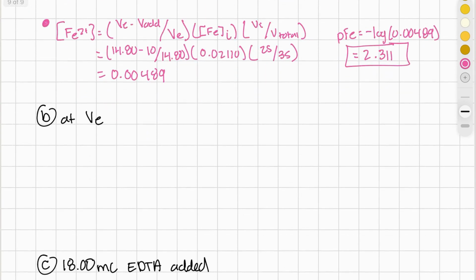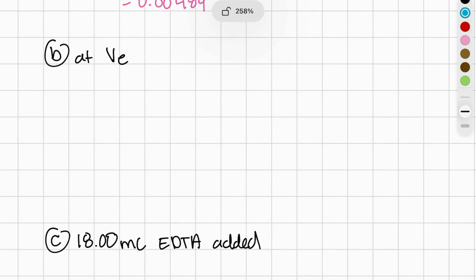The next point is at VE, so that means we have added 14.80 milliliters of EDTA. And so what we're going to want to do here is use that equilibrium expression, and that typically looks like a Ka or Kb equals x squared over F minus x. Now it's going to look slightly different when we have EDTA, so let's write out that equation again. Fe2+ plus EDTA gives me FeY2-.